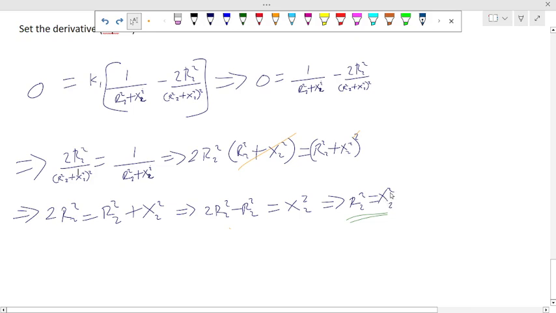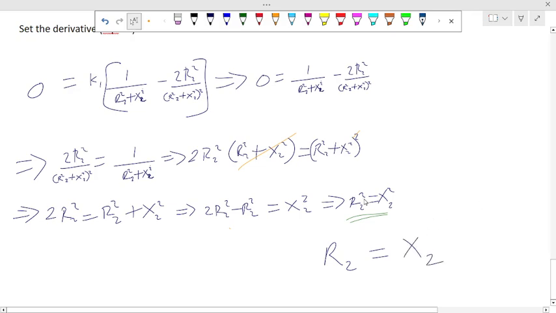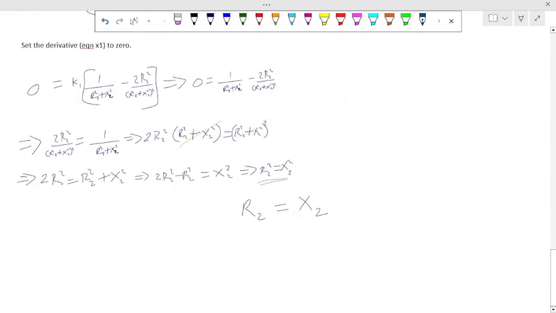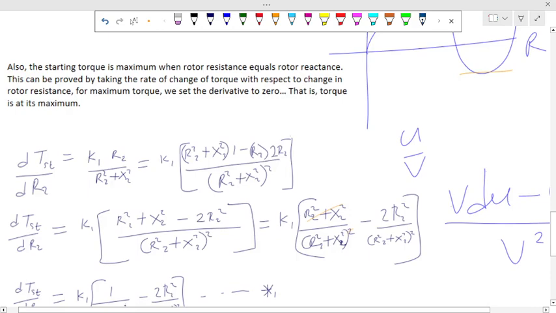So we can see that it's the same. We can even complete this by saying R2 equals X2. Yeah, because this can just cancel out. Okay, if you want to put it that way. But for this to be equal to this, it also means that this is equal to this. So yeah, that's just the proof of that.